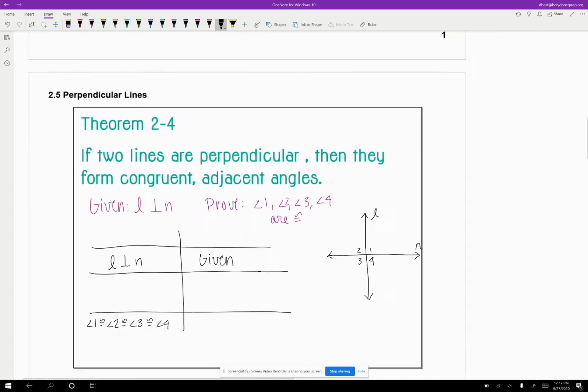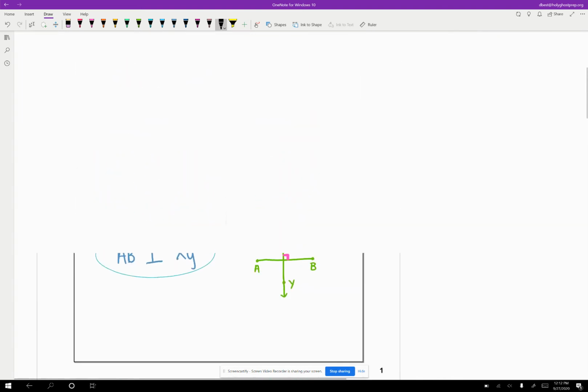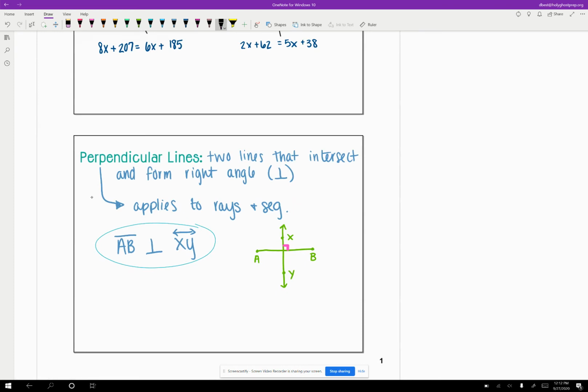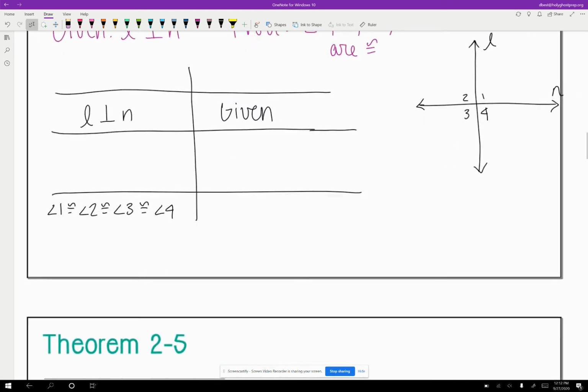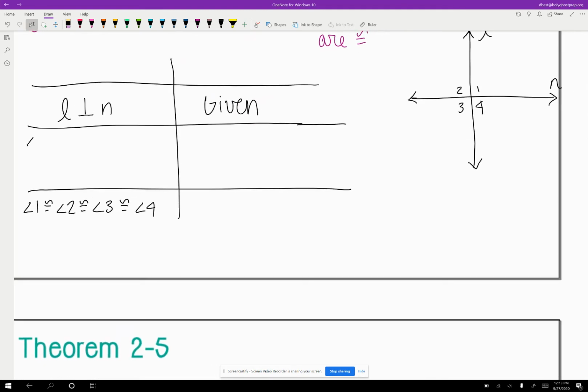Well, from my definition that we just wrote, I know they're forming right angles if the lines are perpendicular. So my step 2 could be that angle 1, angle 2, angle 3, and angle 4 are all 90 degrees.